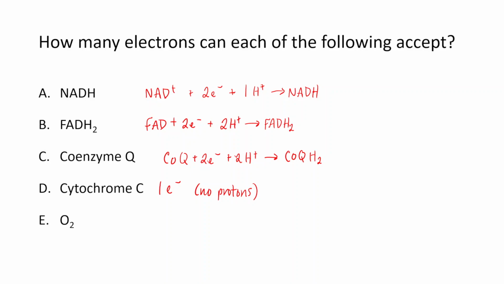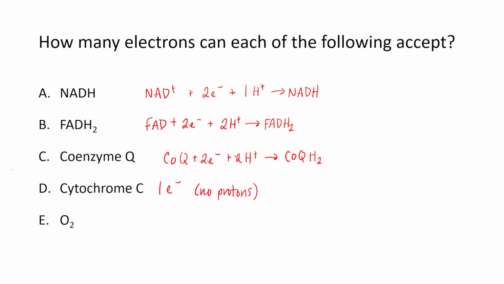All right, and that brings us to oxygen. For every O2 molecule, which is 2 oxygen atoms, how many electrons? Yeah, 4. That's right.